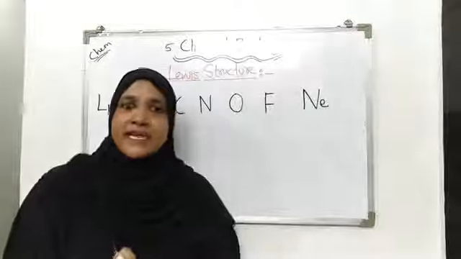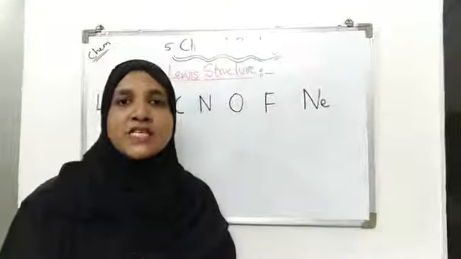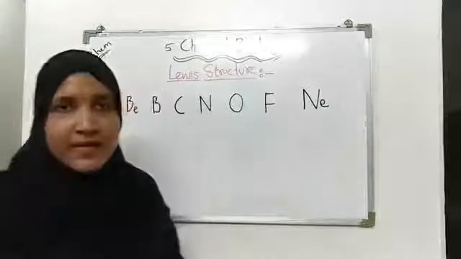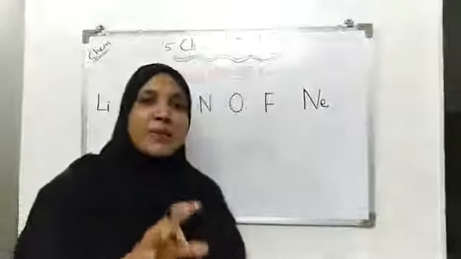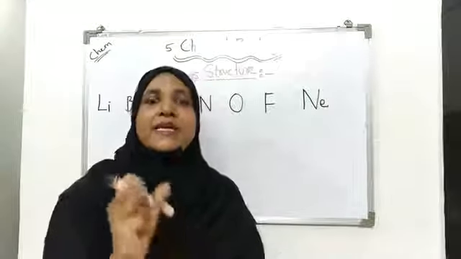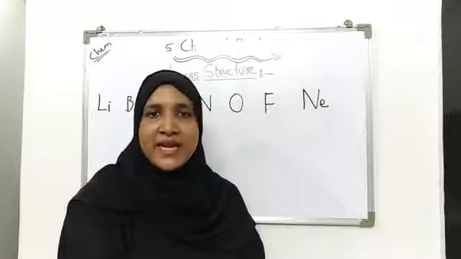Okay, this is the second period. Now let's see how we can give the Lewis structure for these atoms. So according to Lewis structure, the symbol represents the kernel, that is the inner shells and the nucleus of an atom.